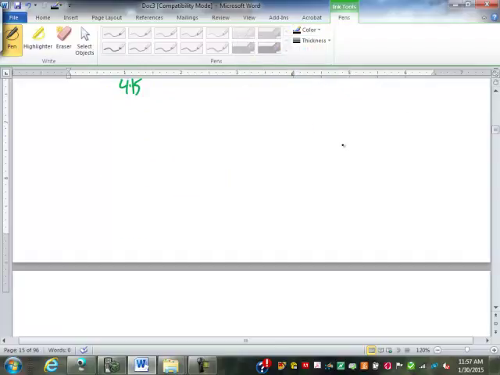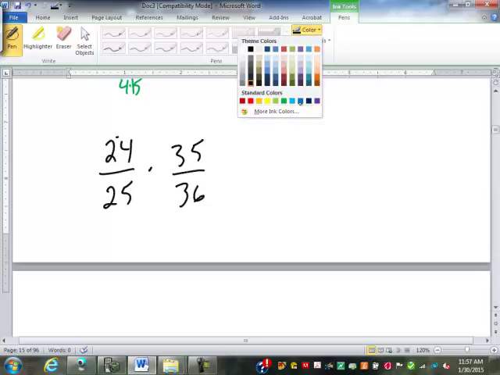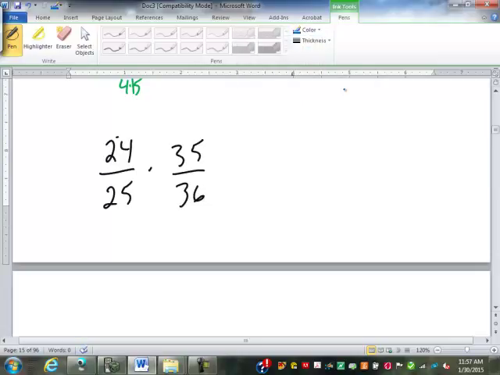But we can run into problems like this, where it is significantly more work to multiply that out and reduce it later. 24 times 35 would be what? 840. 25 times 36 would be 900. You'd have to reduce that down.